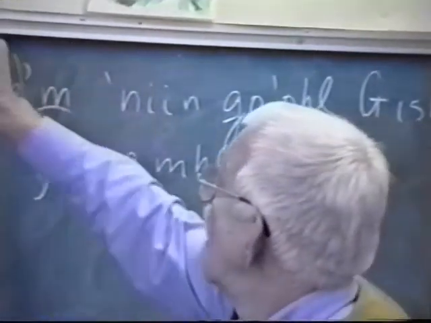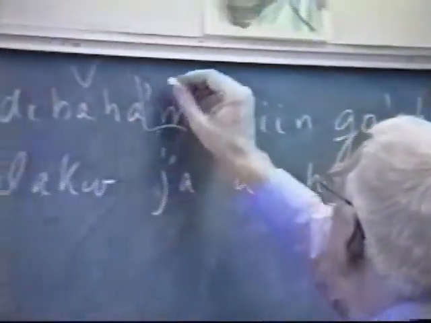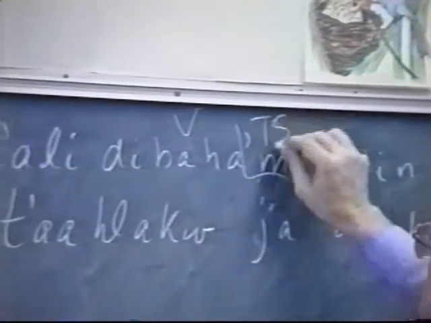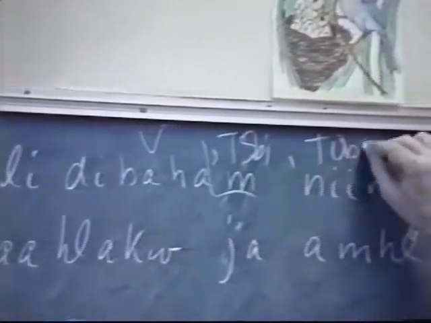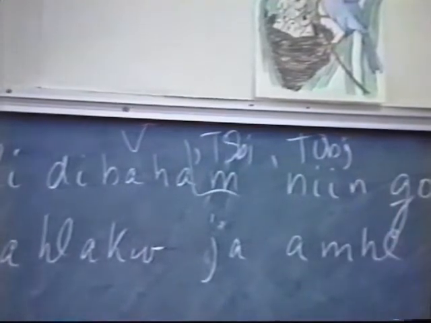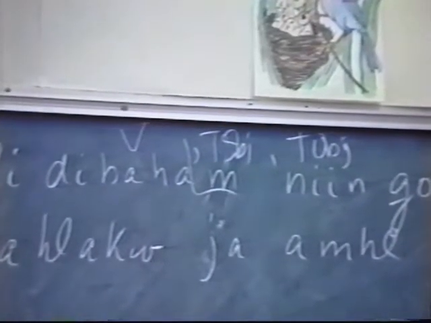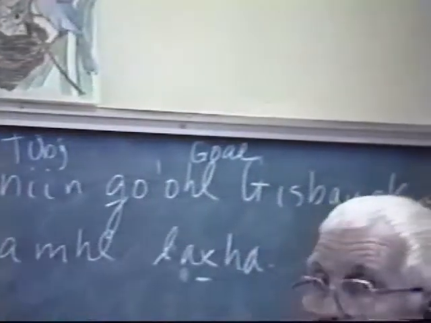So we have our verb here, we have our transitive subject here, our transitive object here. We have, I'll call it our goal right there.